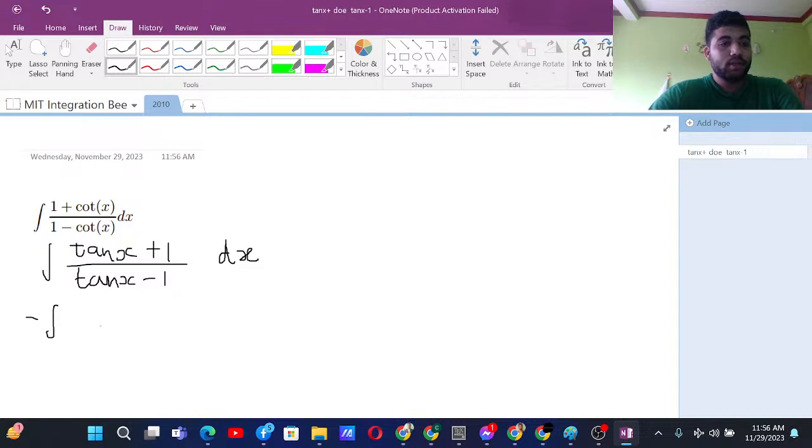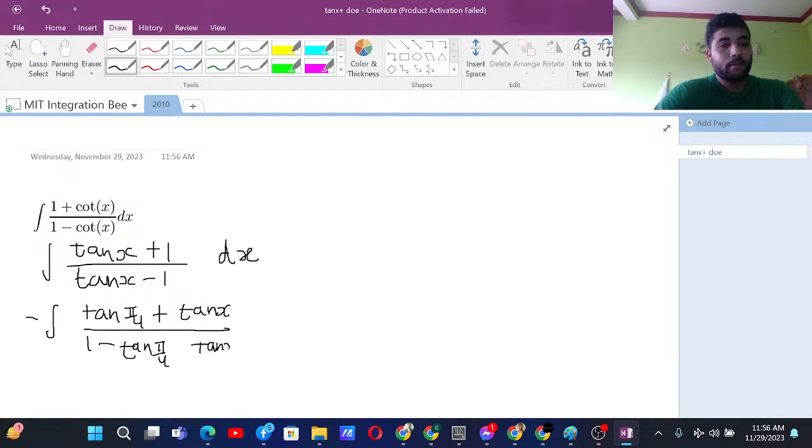We can take minus common first, and then write it as tan a plus tan b over 1 minus tan a tan b dx. Now minus the integral of this is just tan of (pi/4 plus x) dx.